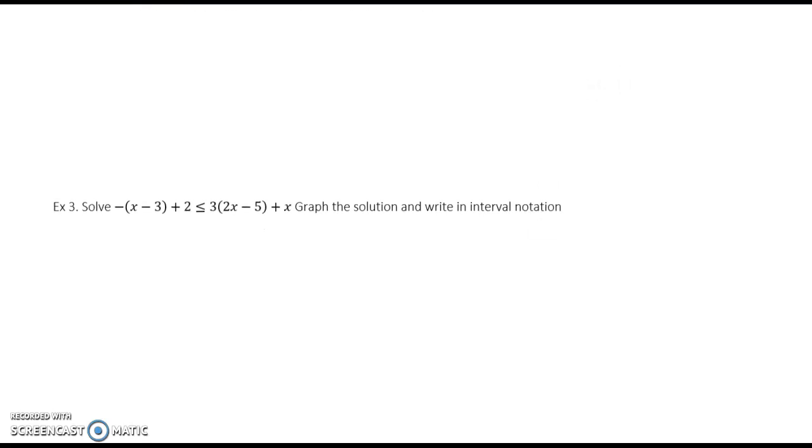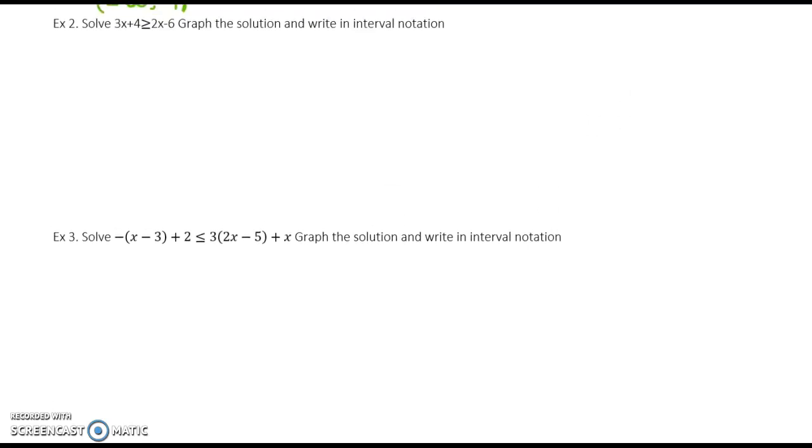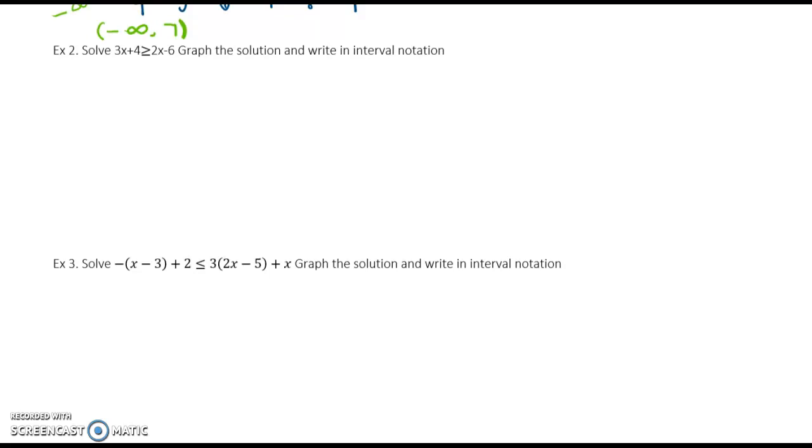So the next one is 3x plus 4 is greater than or equal to 2x minus 6. So again, we're going to have to isolate the x. So what I'm going to do is subtract 4 on both sides.